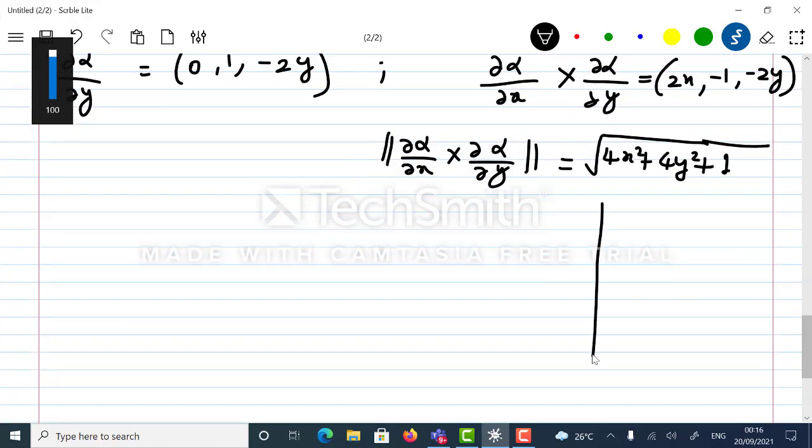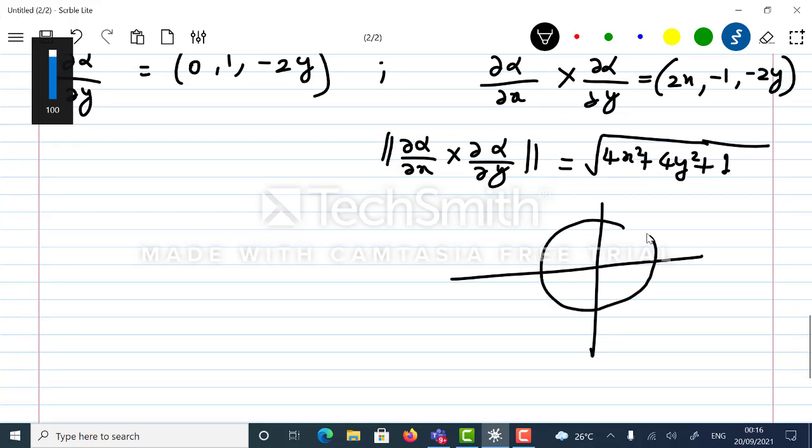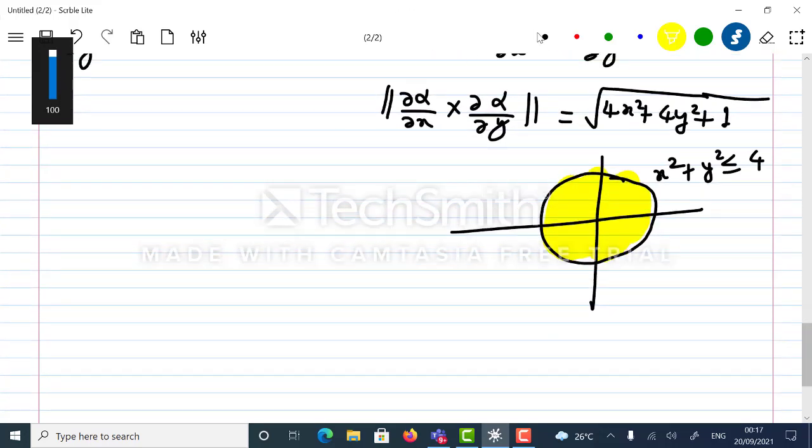So here the projection T will be a disk, x square plus y square less than or equal to 4. Okay, so then we need to find this surface integral.